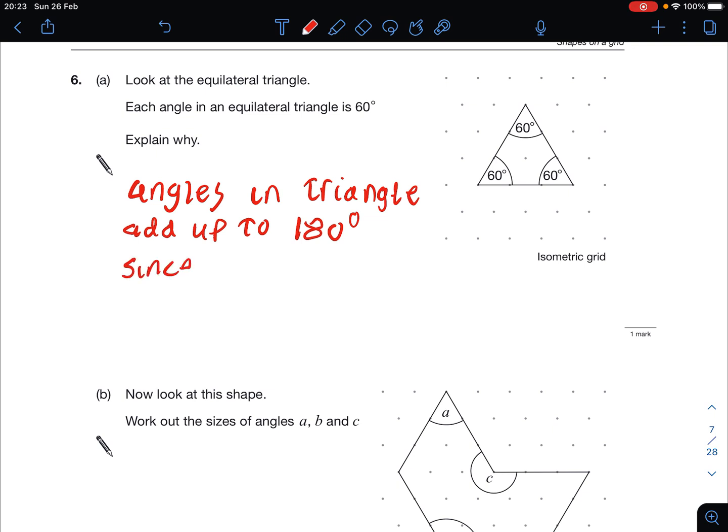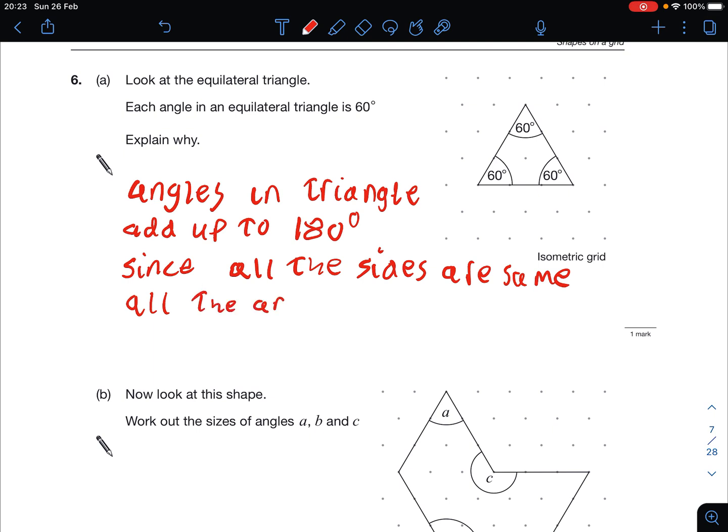Since all the sides are the same, because it's an equilateral triangle, this implies that all the angles are the same.